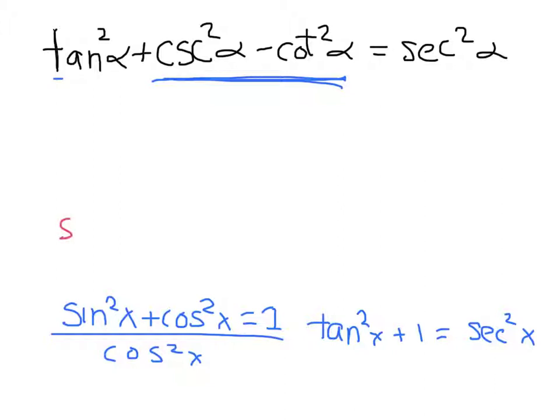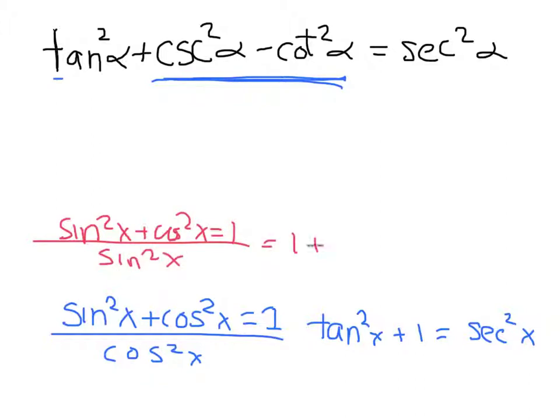So I'm going to take the Pythagorean identity, think off to the side, sine squared x plus cosine squared x equals 1. If I divide that by sine squared x, I get 1 plus cotangent squared x equals cosecant squared x.